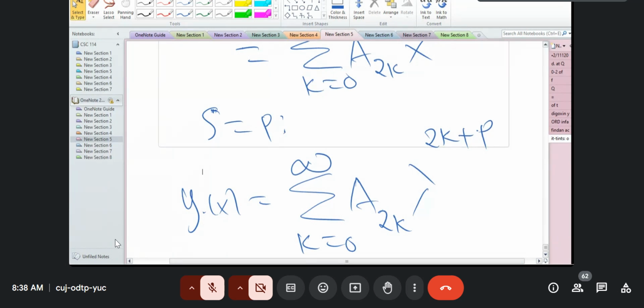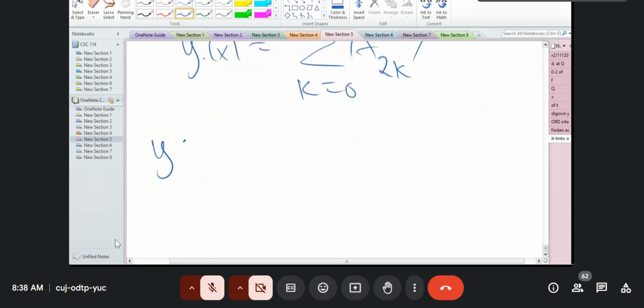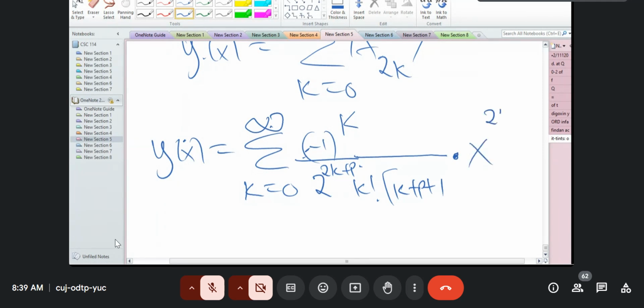So let's use that expression in our formula. And we have our y of x is the sum from k is 0 to infinity. What's the formula for a sub 2k? Minus 1 raised to power k divided by 2 raised to 2k plus p times k factorial gamma of k plus p plus 1. That is a sub 2k. We are multiplying this with x raised to the 2k plus p.